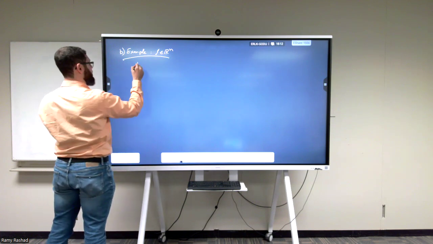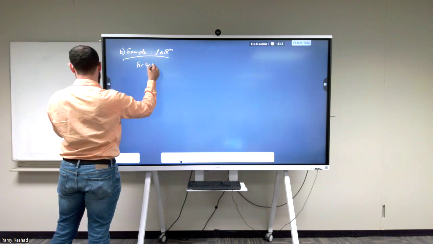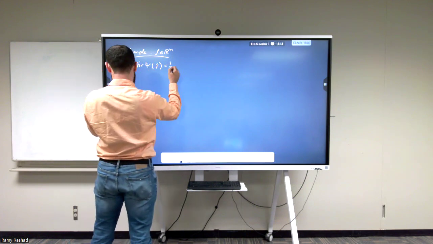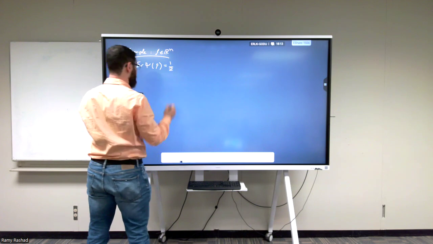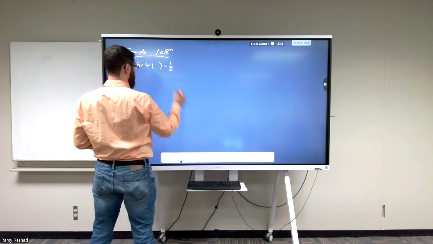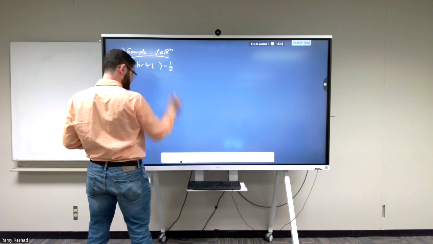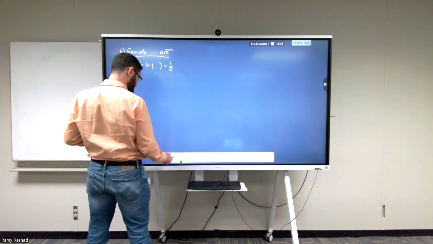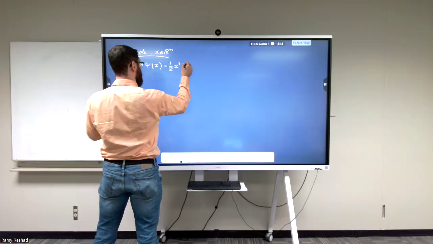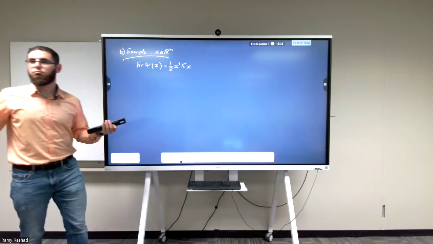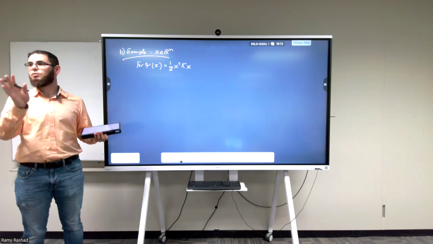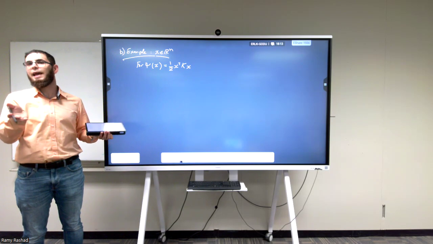So let's take the example for psi, capital psi of small psi, is equal to half, let me remove this to be an x, just to make it simpler. Let's call this x. So this is half x transpose kx. If I ask you what is the gradient of this, what do you do? It's a no-brainer, right? It's kx.